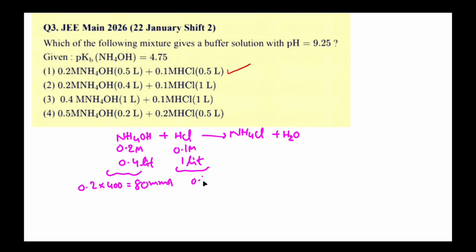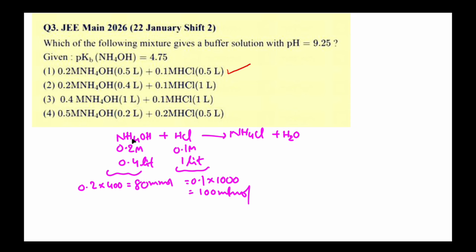Same like that here, 0.1 into 1000 milliliters, that is 100 millimoles. So in this second option, we have 80 millimoles of NH4OH and 100 millimoles of HCl.